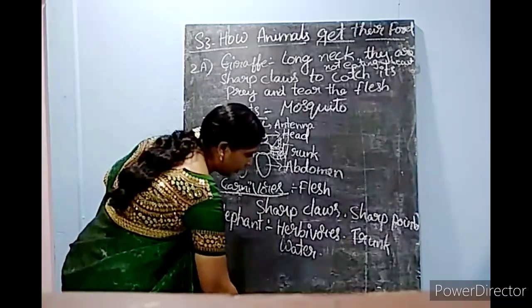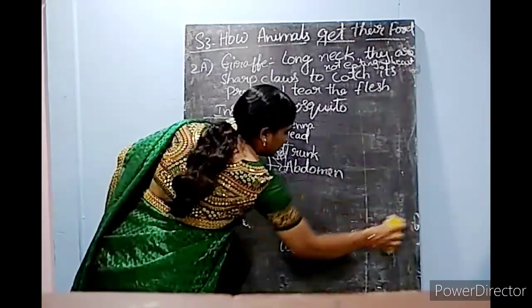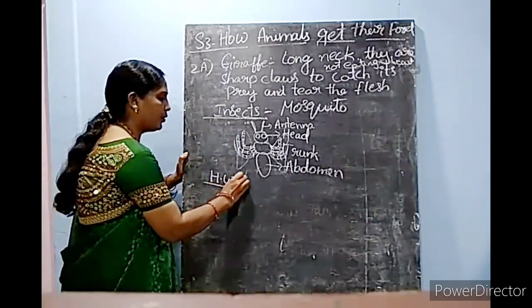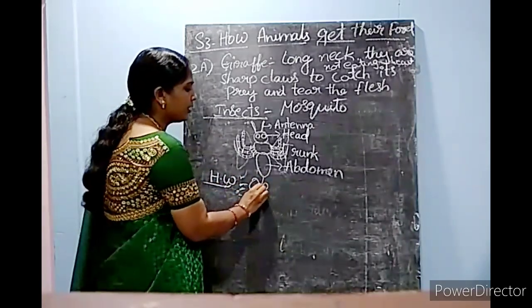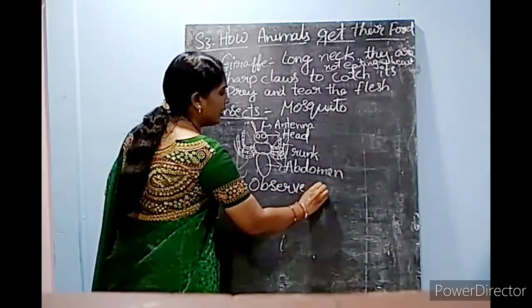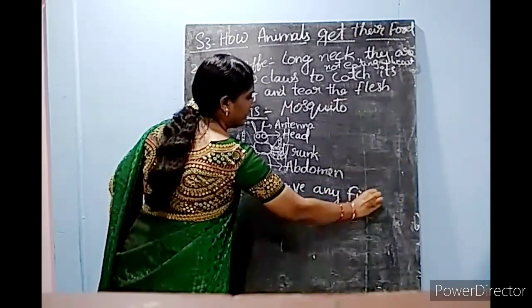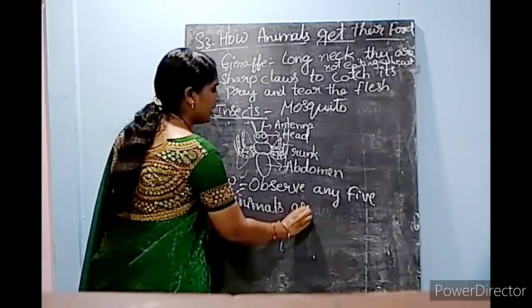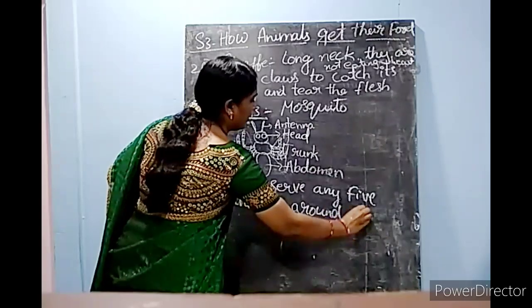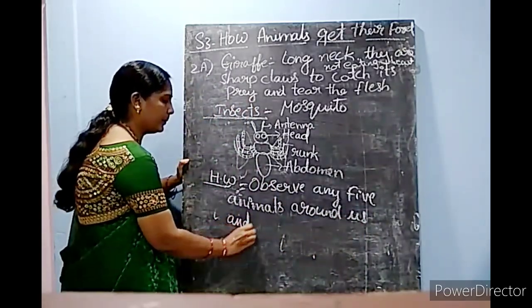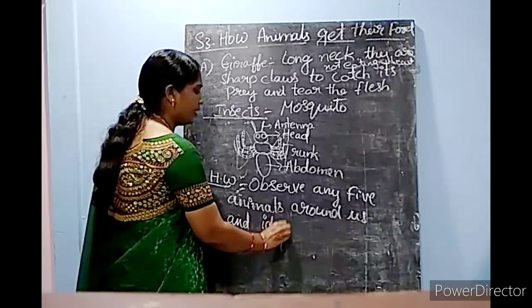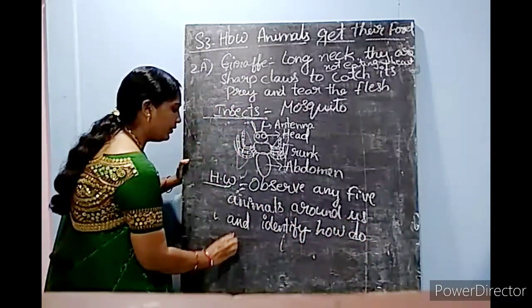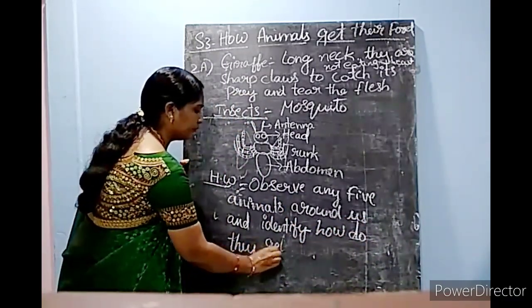Now, your home assignment is, do this homework. Write this homework in your notebook. Observe any 5 animals around you and identify how they get their food.